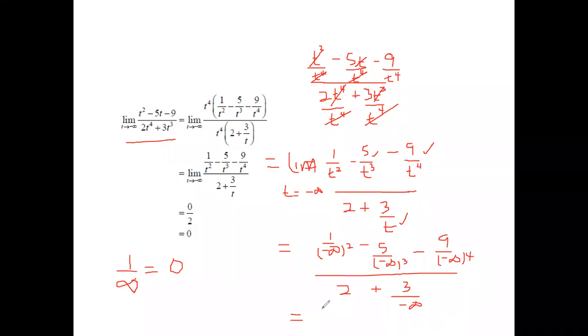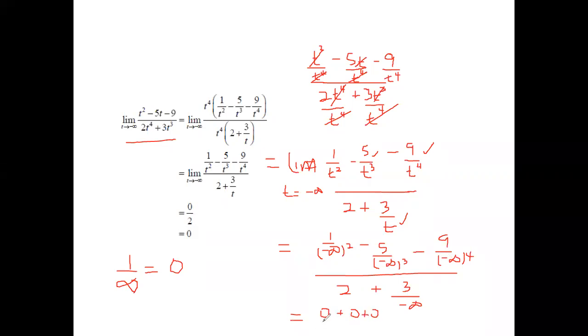So that will be 0. 5 divided by infinity cube will also be 0. Okay, there's nothing like plus 0 or minus 0, so 0. 9 divided by infinity is also 0.